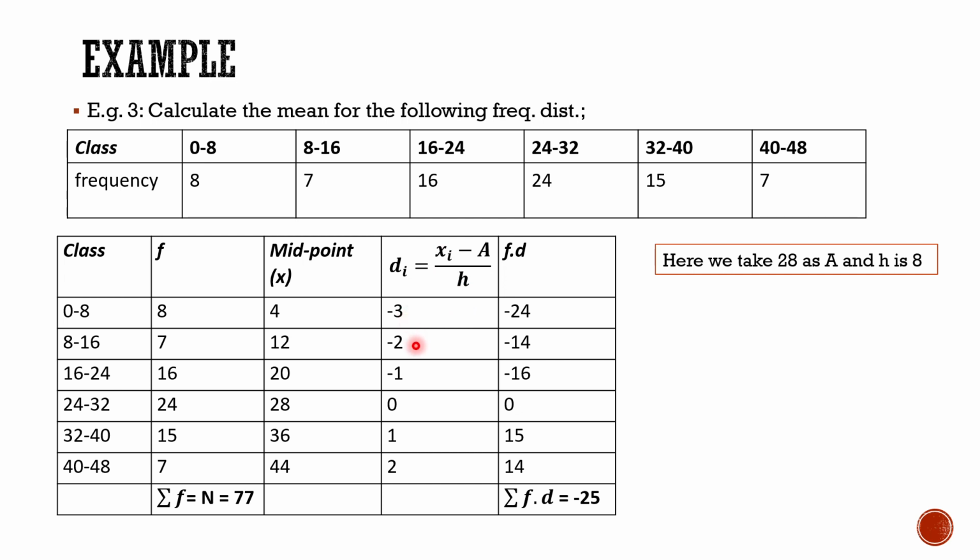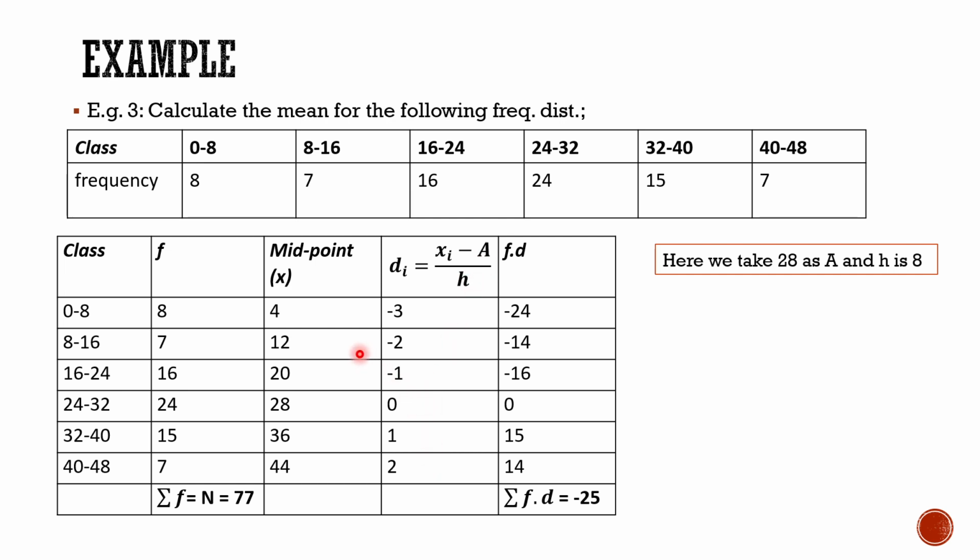Similarly we can calculate for 12: 12 minus 28 divided by 8 gives minus 2. For 20 we get minus 1. For 28 itself it is 28 minus 28 divided by 8, that is 0. Then we get 1 and 2.